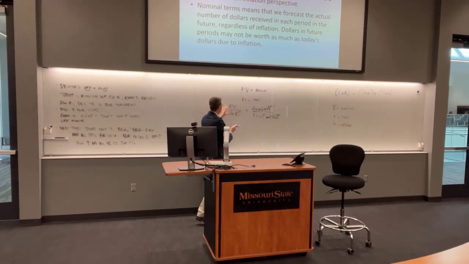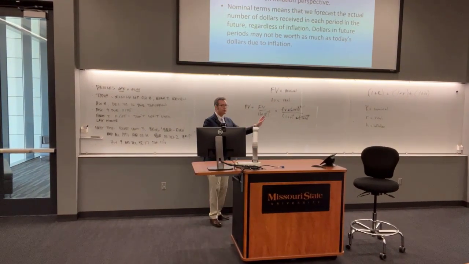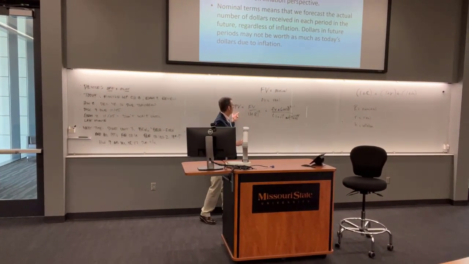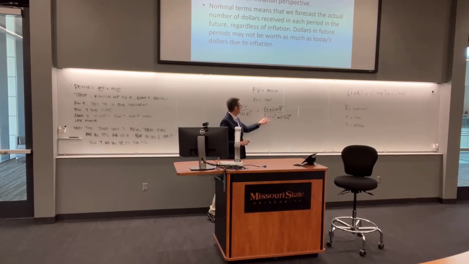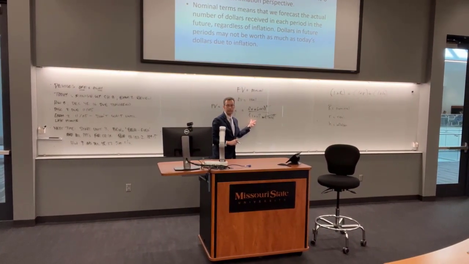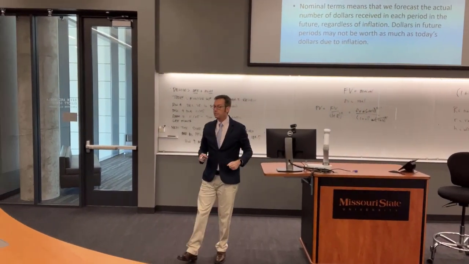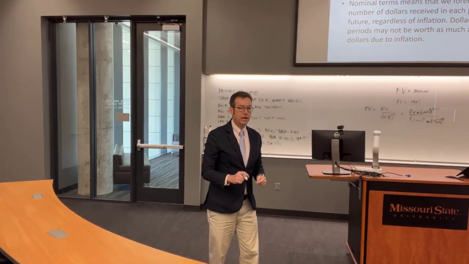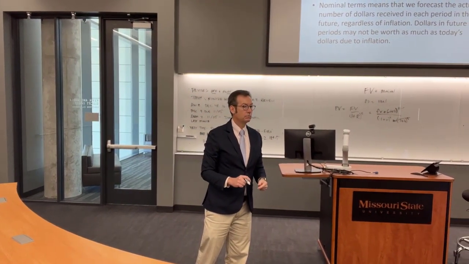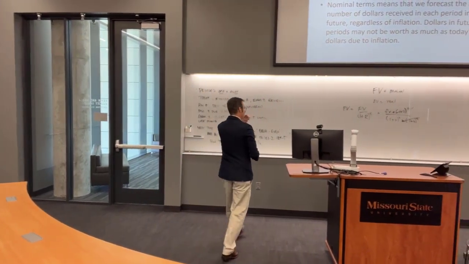And so these end up being exactly the same. And so for every one of those future cash flows, the present value is the same if you take a nominal discounted at a nominal rate or real discounted at the real rate. Now you say, wait a minute, that doesn't say anything about the time zero cash flow. Does inflation impact the time zero cash flow? Not in the least. And so that's why we're not concerned about that.